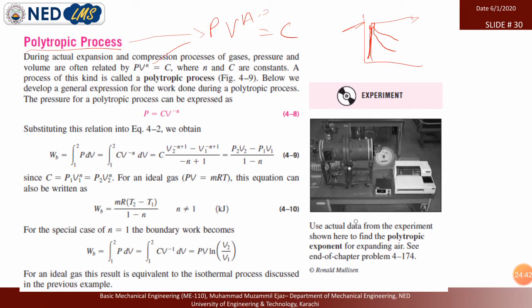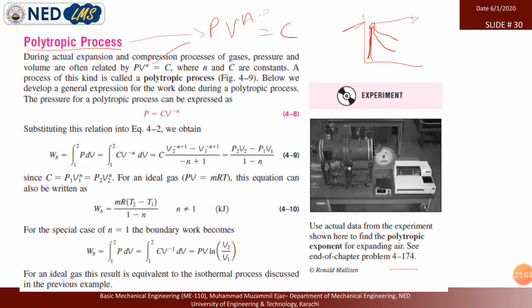In this figure you can see actual data from an experiment, shown here to find a polytropic exponent for expanding air. See the end of chapter 4, problem 4.174. You can also refer to the book by Cengel; I have taken this diagram from Cengel.